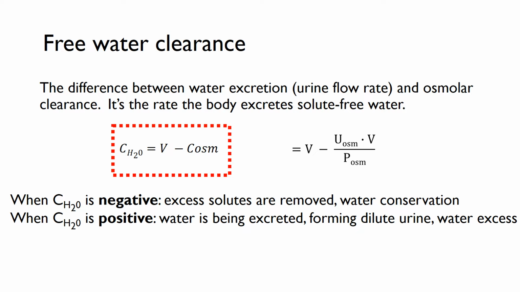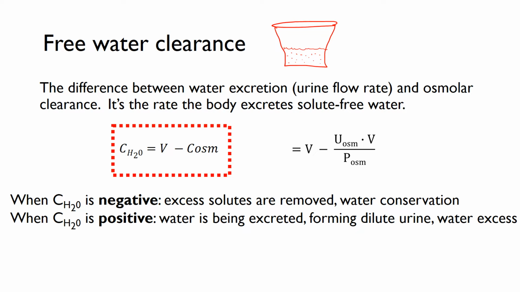So let's take a moment and think about urine. Let's see, we have a little bowl here. In urine, we have some fluid and we have solutes. So this is what this is representing.